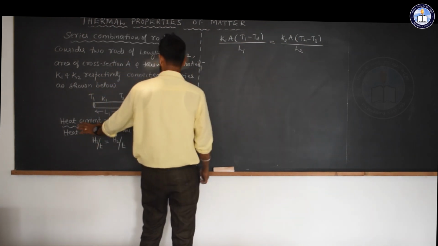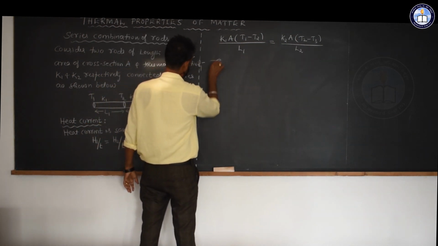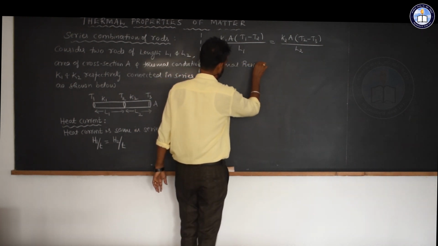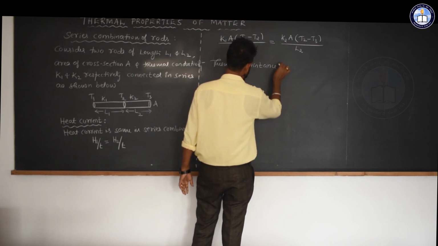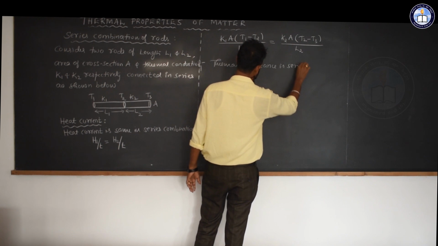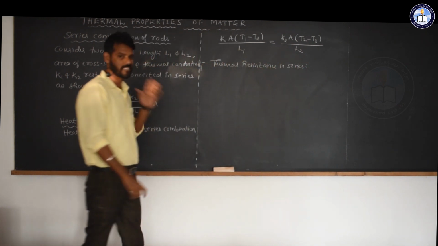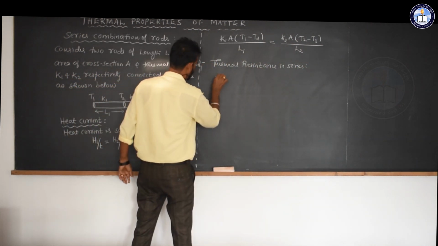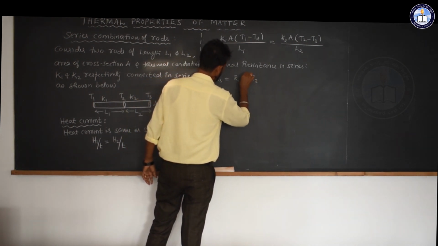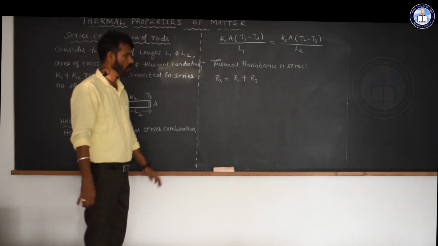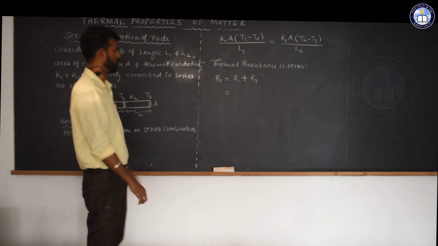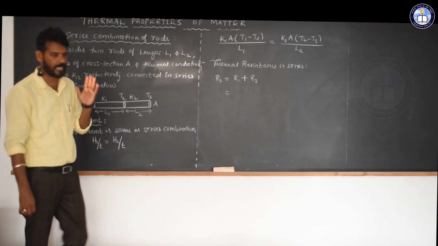Further, let us consider the thermal resistance in series. In series combination, Rs is equal to R1 plus R2, where R is the thermal resistance, defined as R is equal to L by KA.